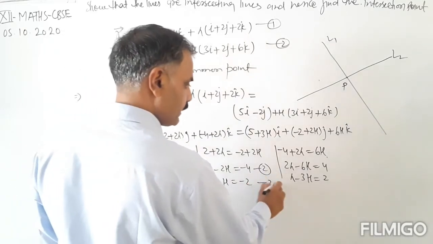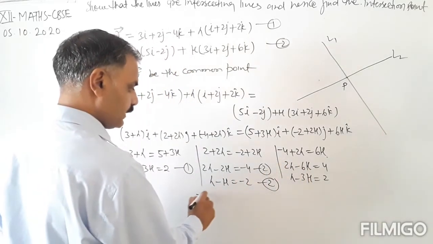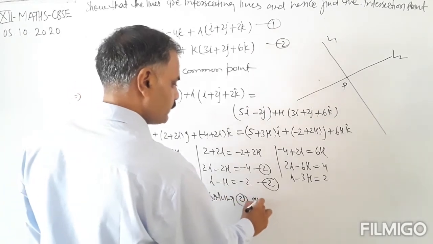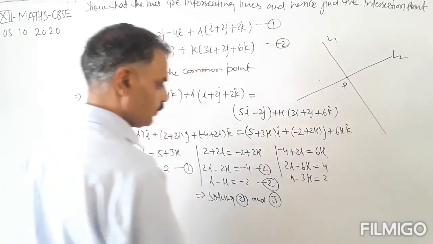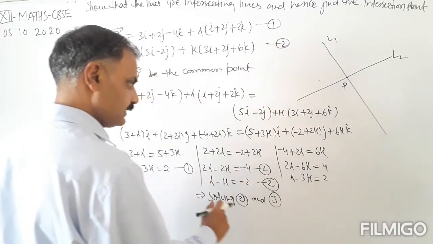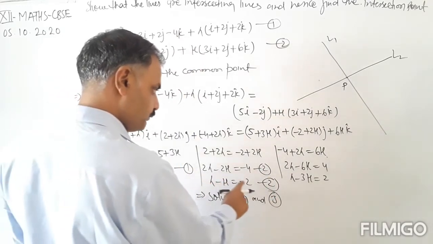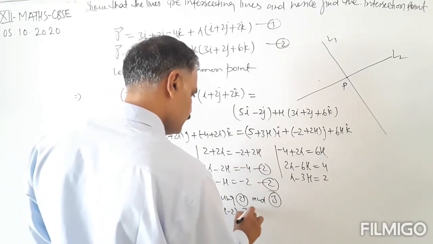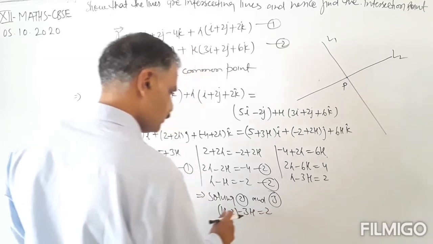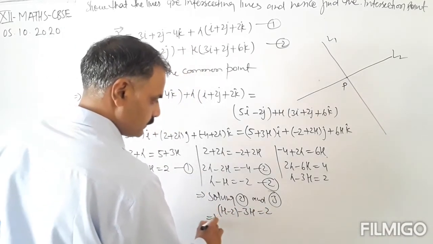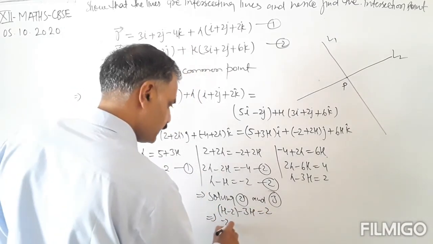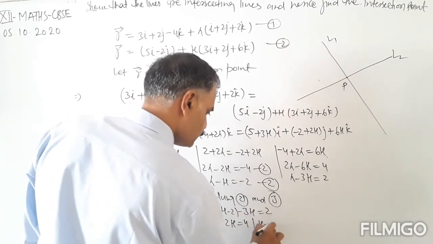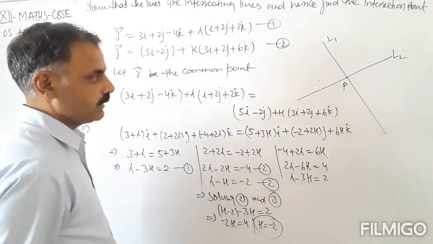Solving second and third, lambda equals mu minus 2. Putting this in, mu minus 2 minus 3 mu equals 2, so minus 2 mu equals 4. So mu equals minus 2.